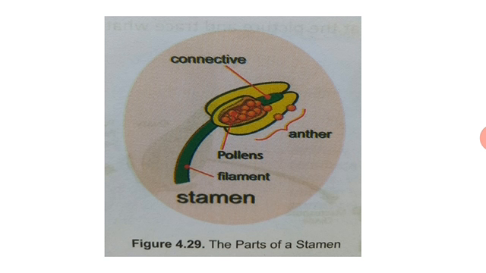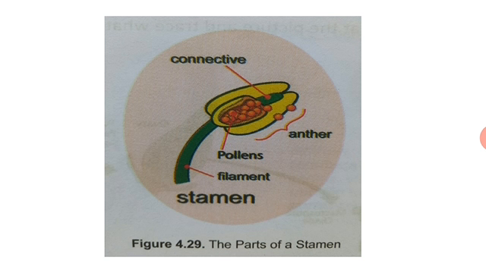The anther is the expanded, lobular structure at the tip of the filament. It is the pollen-producing organ of the flower. So in the anther, it produces the pollen. The filament is the stalk that holds the anther. So the filament and the anther are the parts of the stamen.